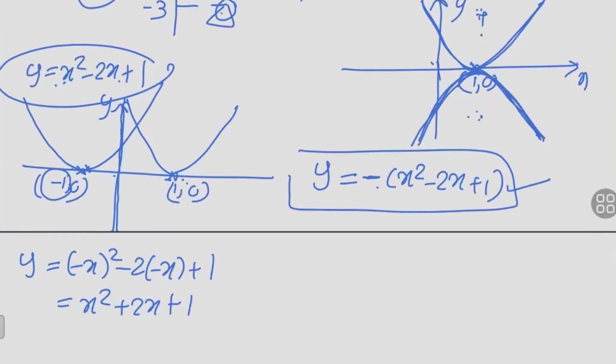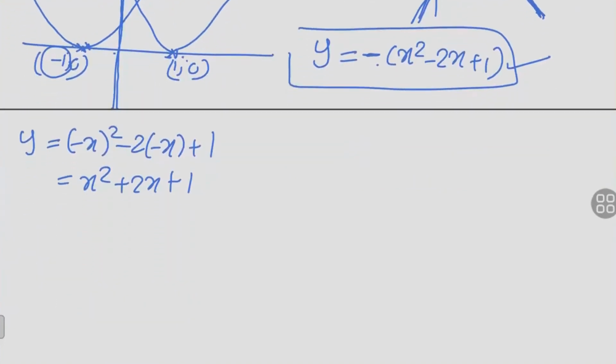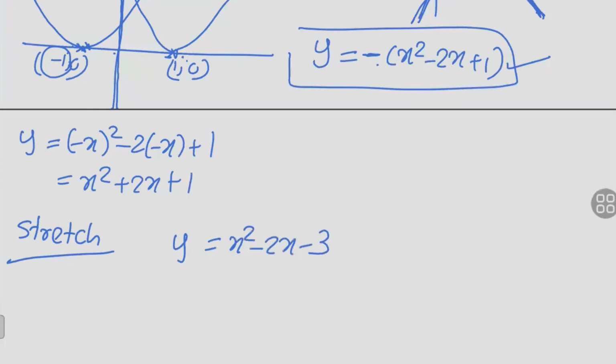Next transformation type is stretch, right? Stretch happens the same kind of way. Now let's say we take y equals x squared minus 2x minus 3, right? So then what kind of graph is this? x minus 1 squared minus 1 minus 3, minus 4.